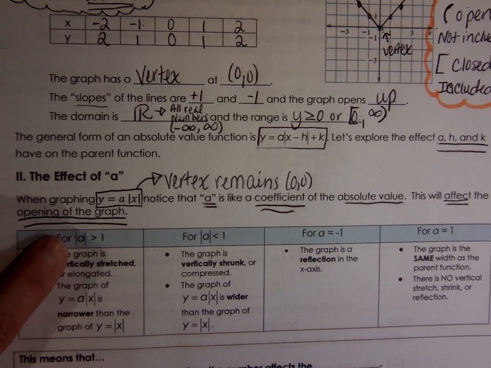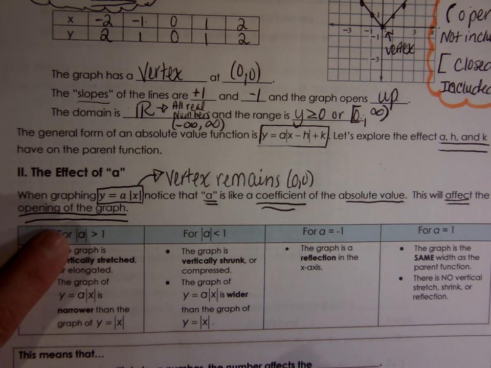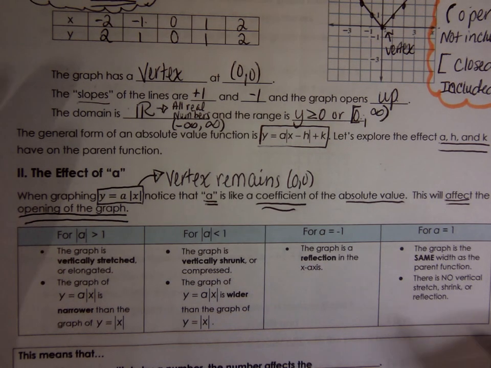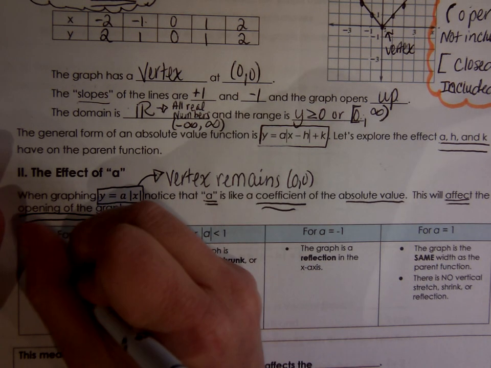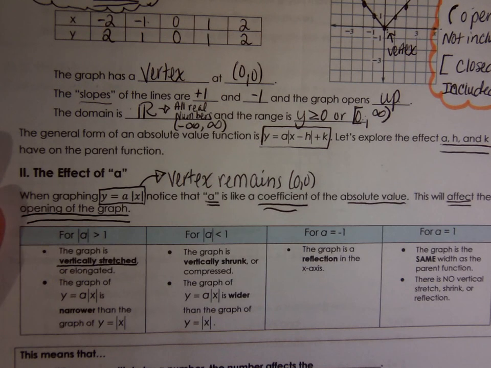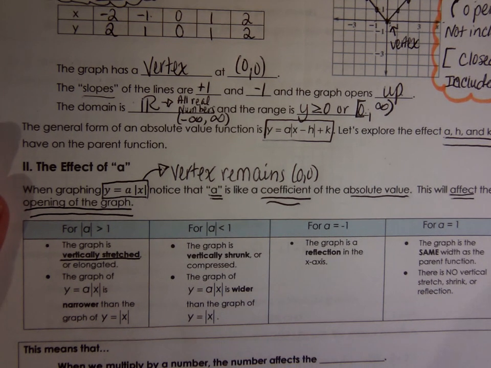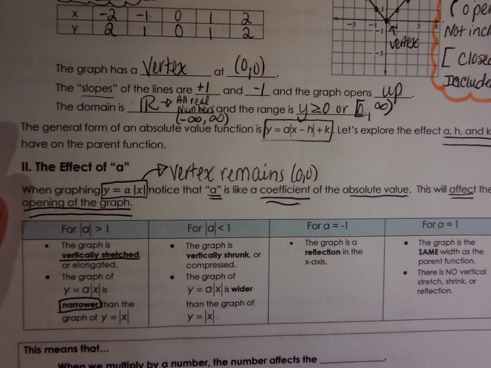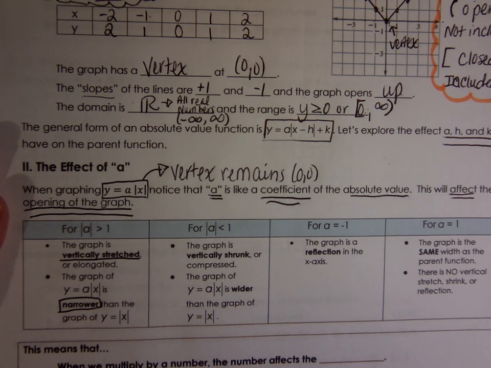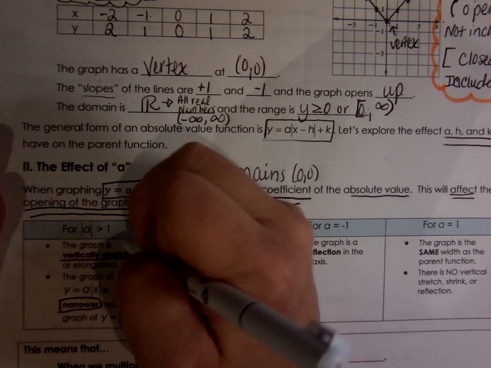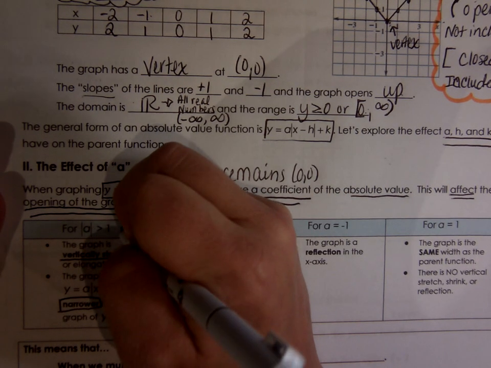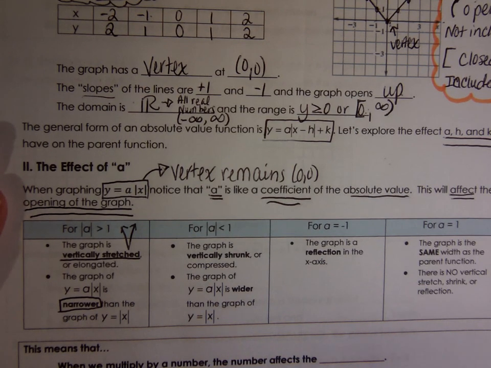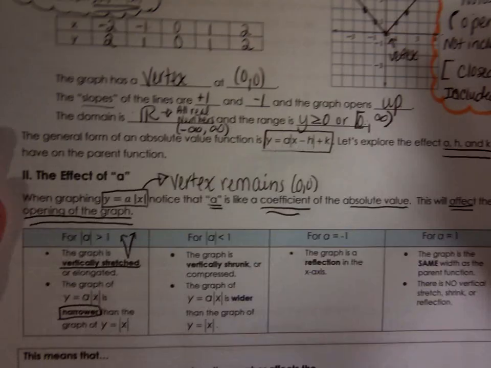So for example, if the absolute value of a is bigger than 1, that means that the graph has been vertically stretched or elongated. And the graph of a times the absolute value of x will be a narrower graph than that of y equals the absolute value of x. It will be narrower than our parent function, so you would expect that your graph would be relatively skinny compared to our parent function.